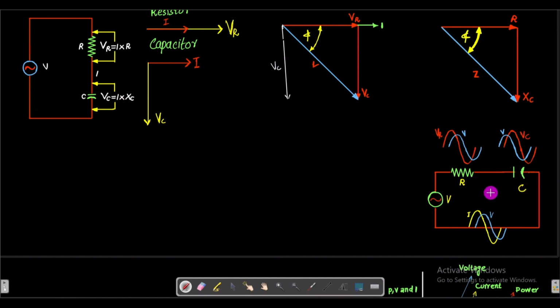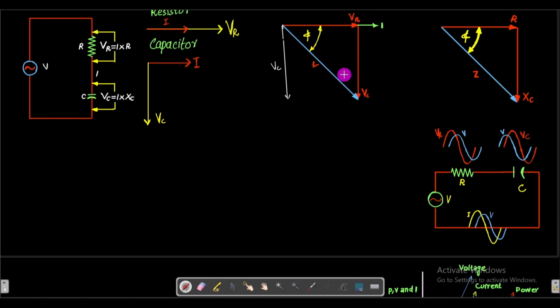We have the same RC series AC circuit. We have the applied voltage V, which is given by this vector, and here we will have VR, which is given by this vector, and we will have VC, which is given by this vector.